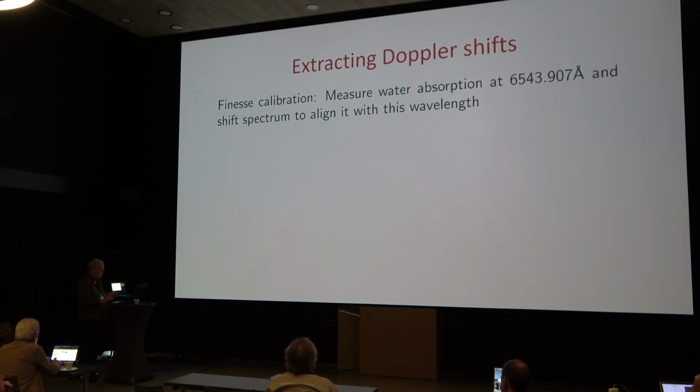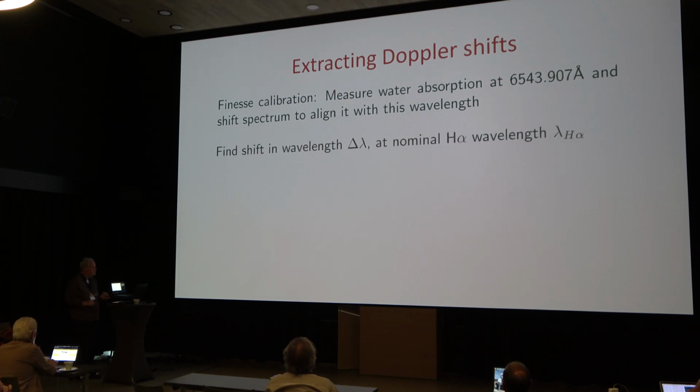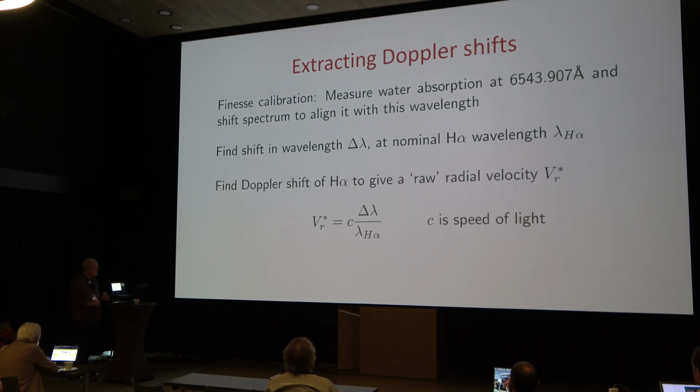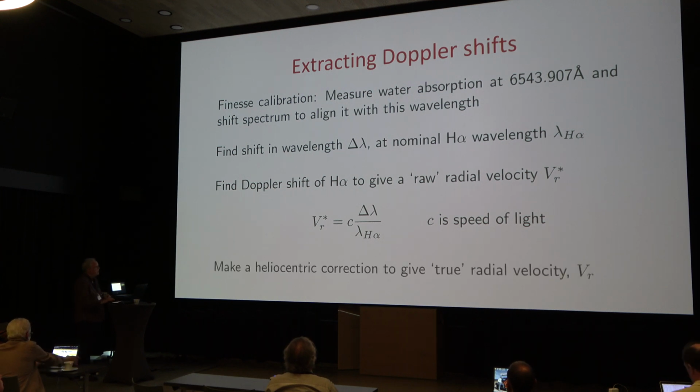So I shifted everything with respect to that water line. Then, of course, find the actual shift in wavelength with respect to the nominal hydrogen alpha line, and find the Doppler shift in the normal way, the non-relativistic version of the Doppler shift. And finally, I make a heliocentric correction to find the true radial velocity v sub r.